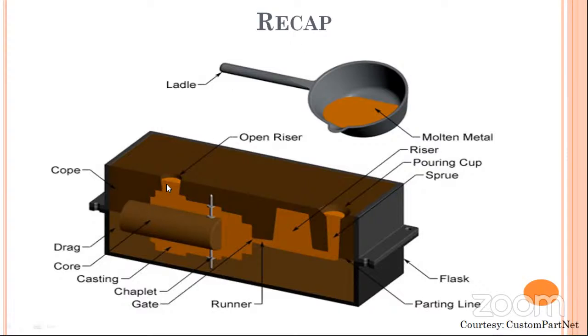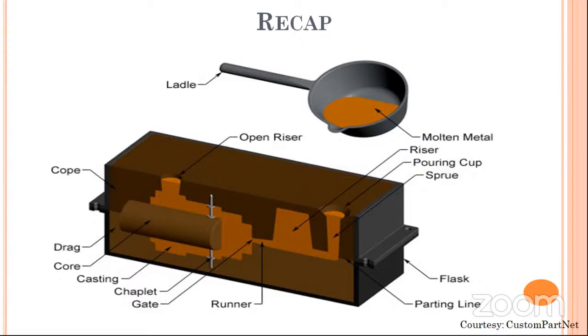Why does the molten metal enter during contraction? Why should the molten metal enter from the riser but not from your runner and ingate? I repeat my question. When the molten metal is filled in the mold cavity, during solidification it contracts, and because of the contraction there is an empty space.